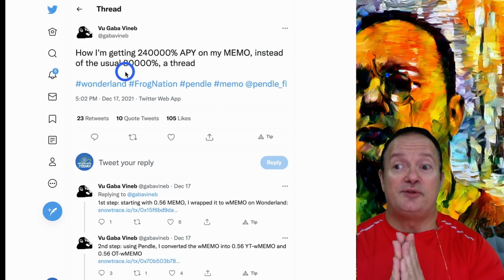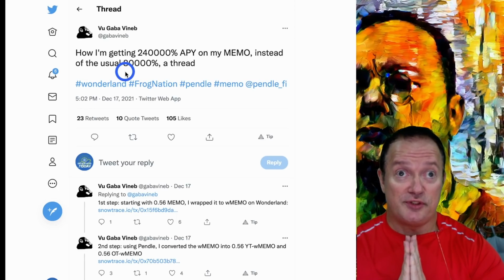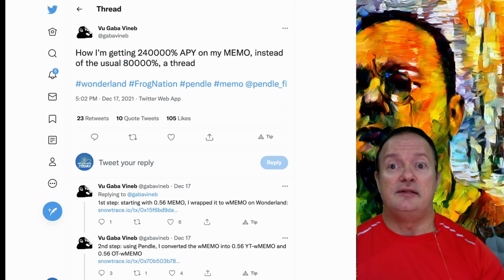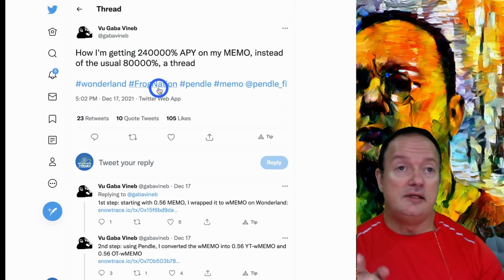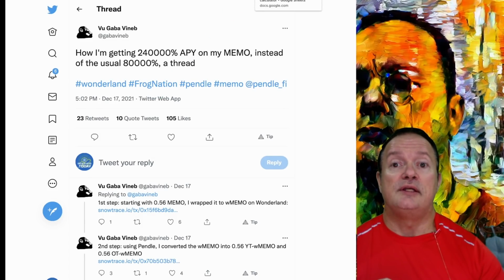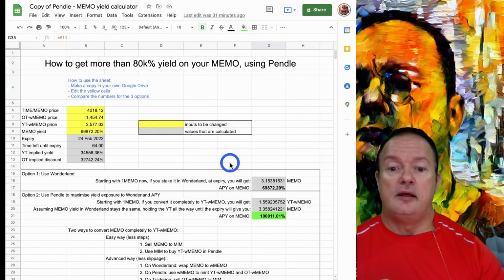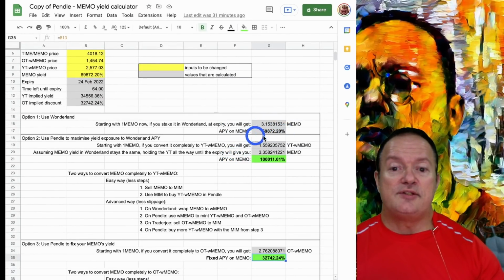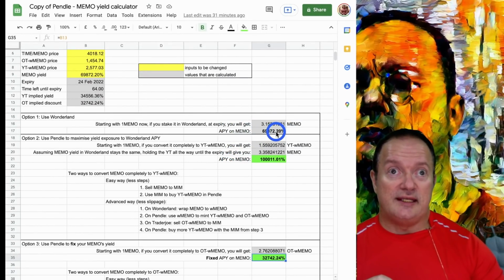Today, we cannot get 240,000%, unfortunately, but I calculated using the calculator spreadsheet that he created. If we look here, this is the current rate that we're getting on Wonderland, 69,000%.